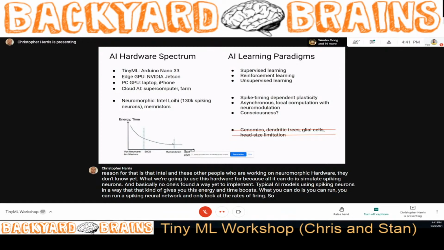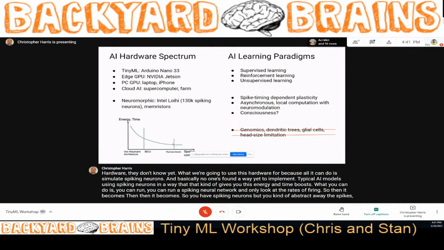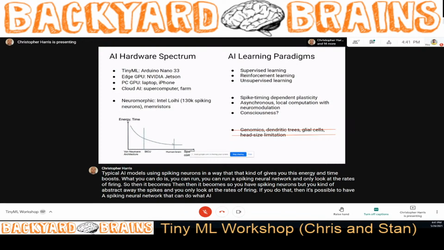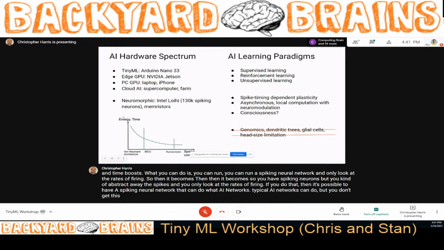So you have spiking neurons, but you abstract away the spikes and only look at the rates of firing. If you do that, then it's possible to have a spiking neural network that can do what typical AI networks can do, but you don't get this energy and time benefit.